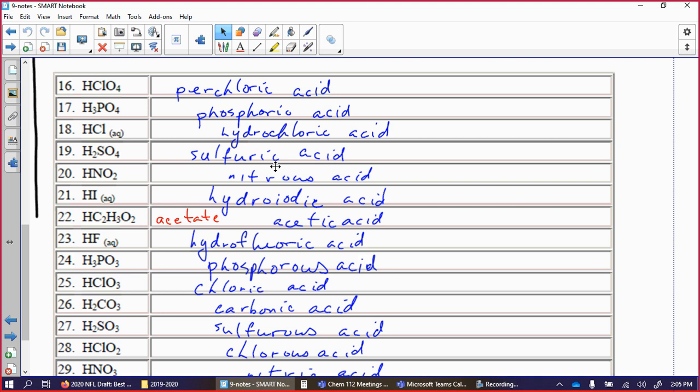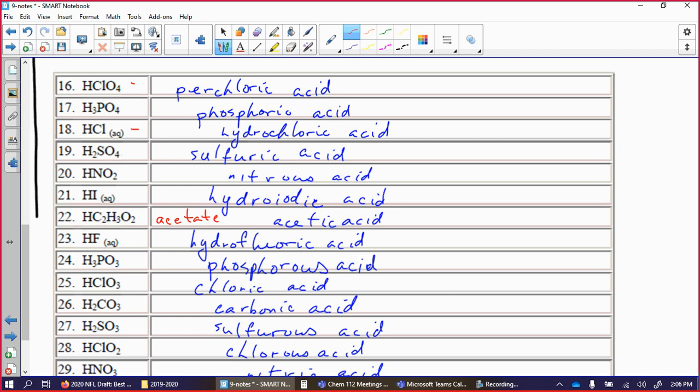Perchloric acid is strong, but it's very rare because perchloric acid in and of itself is not stable in water. If you mix it with water, it tends to become explosive. So you have solutions of perchloric acid in what's called glacial acetic acid, which is basically pure acetic acid. Vinegar is like 5%. Glacial acetic acid is more than 99%. So it's kind of a fun one to use.